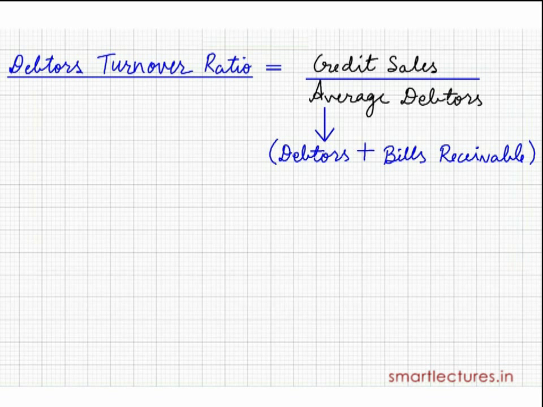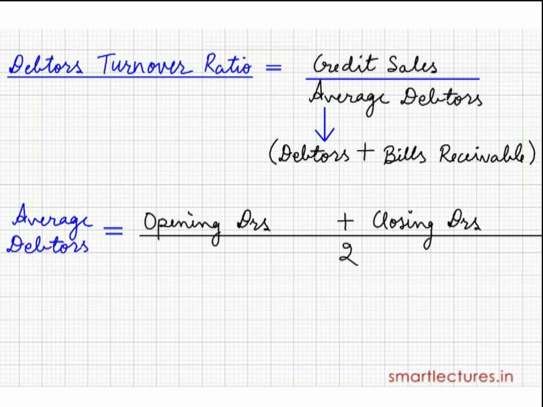Although in the formula we write only credit sales upon average debtors, debtors means debtors and BR. And average debtors, how will you calculate? Simple thing. Opening debtors plus closing debtors upon 2. I mean to say opening debtors and BR plus closing debtors and BR upon 2.